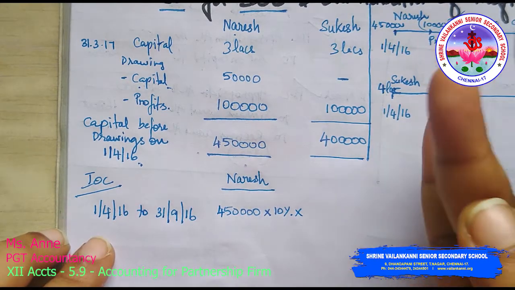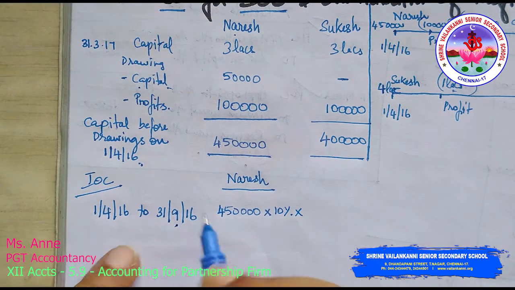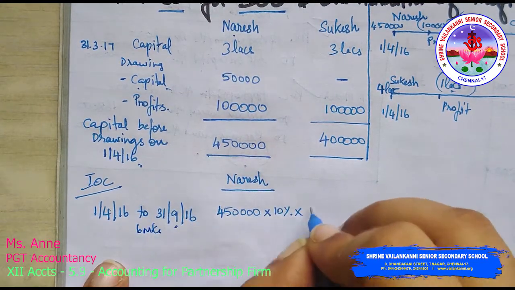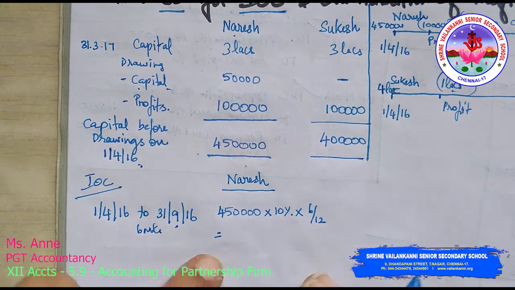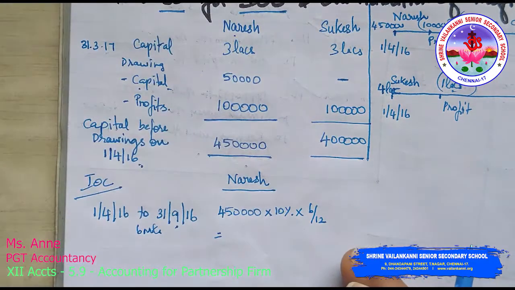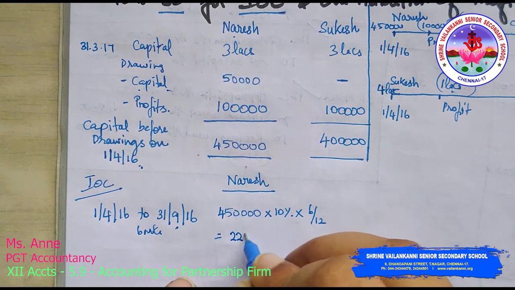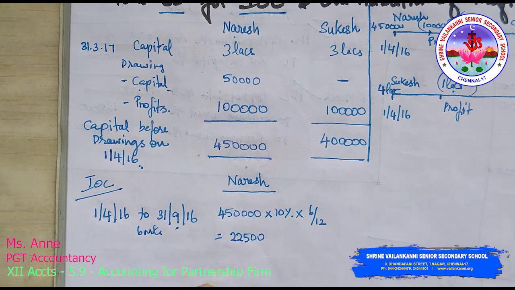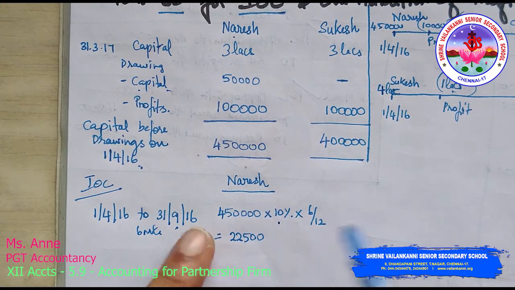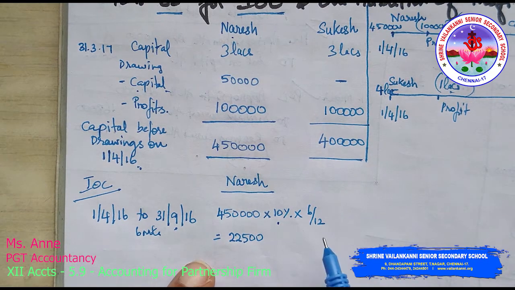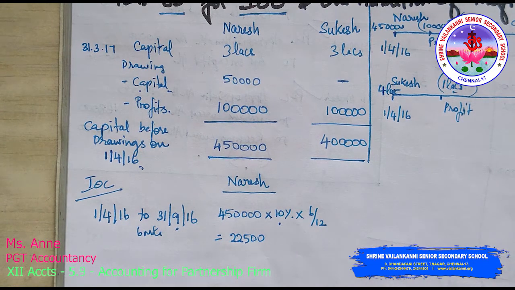If you count April, May, June, July, August, September, it is 6 months. So I'm taking 6 divided by 12, or you can write 1 divided by 2. If you calculate, you will get 45,000 divided by 2, which is 22,500. So 4,50,000 into 10% is 45,000, and for half a year, how much? It is 22,500. I hope it's clear.